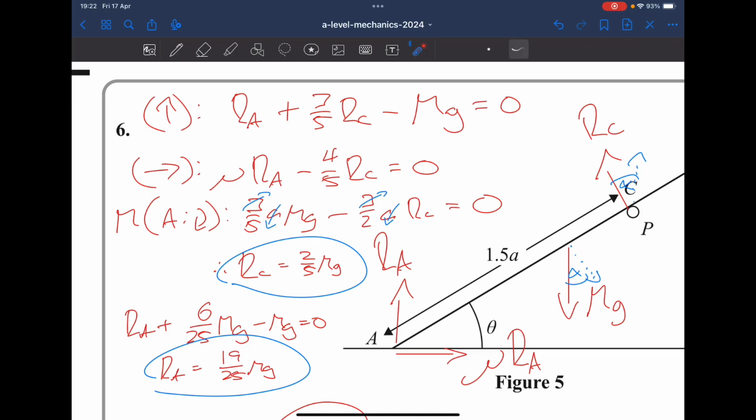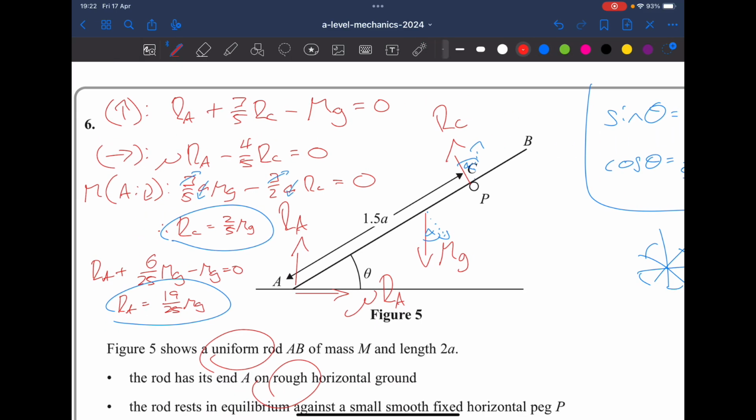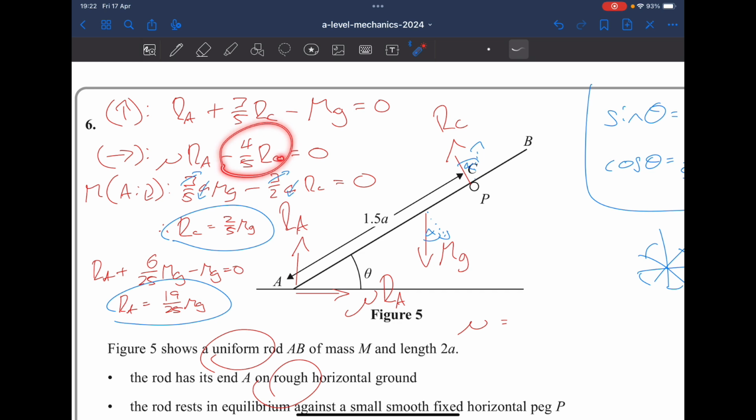And now we're able to look at this one and get mu out. So if we rearrange that for mu very quickly, I'll do it on this right hand side over here. Mu should be equal to 4/5 lots of RC over RA. So let's plug those bits in. RC, 2/5 of mg. But we want to have 4/5 of that.